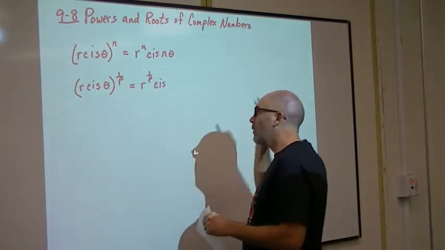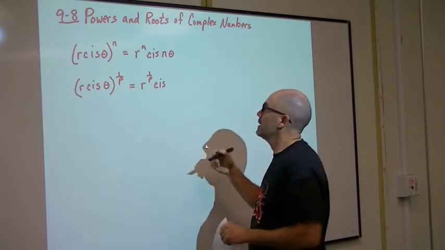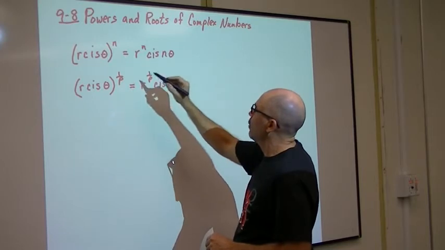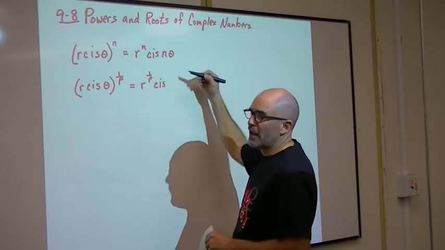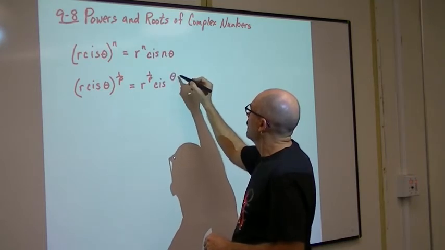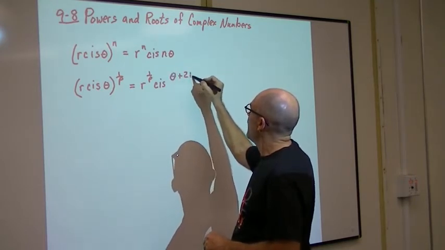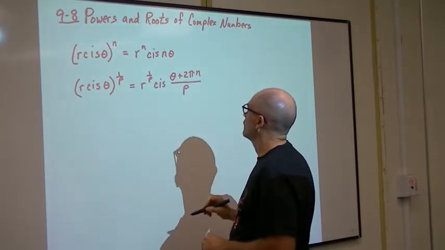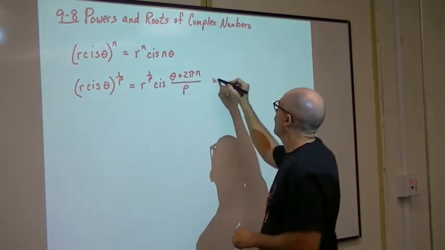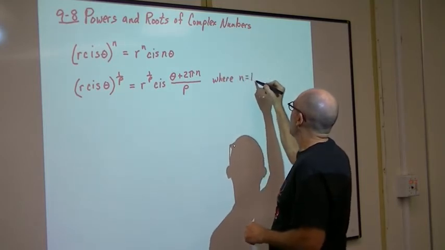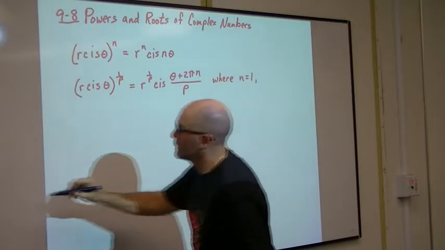cis. Now here's where it gets a little bit more complicated. It's not just cis 1 over p times theta, or theta over p. It's theta plus 2 pi n over p, where n equals 1, rats.